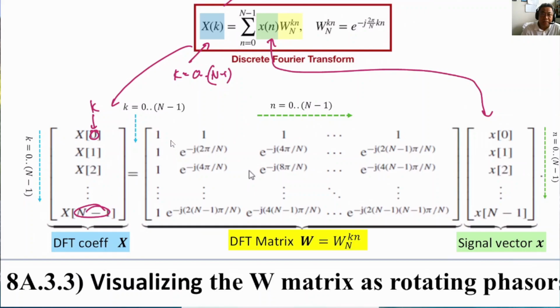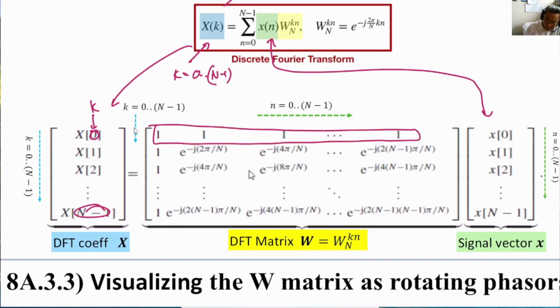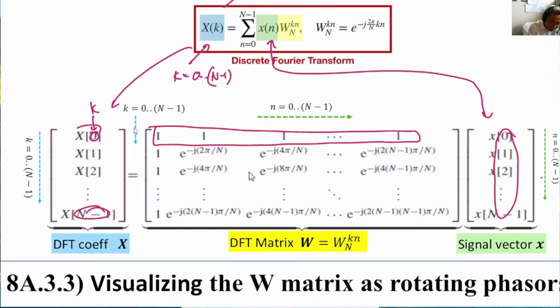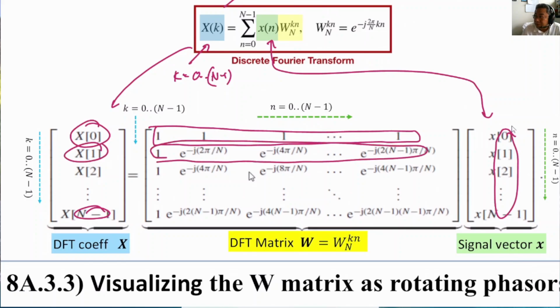Now you must be thinking, this DFT matrix, the horizontal row is going to multiply by this column to get the first element. So this element is the inner product of this row and this column. The second entry is this row multiplying by this column.